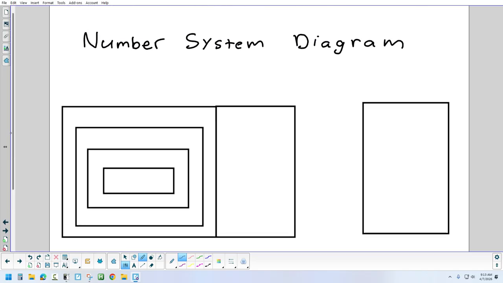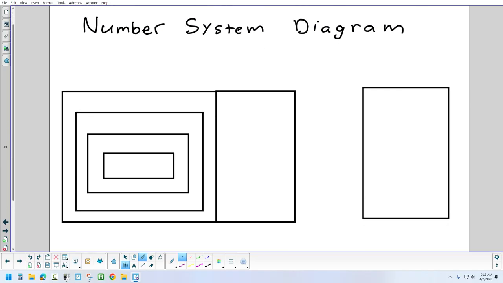All right, so before we start section A4, I just want to look at a diagram that basically writes down the different kinds of numbers we work with, so we know the names as we start to use them. So we're going to start with this innermost box, and that's going to represent the simplest kind of numbers that you start learning. And each time we go out to another box, it's going to add more types of numbers into our system of numbers.